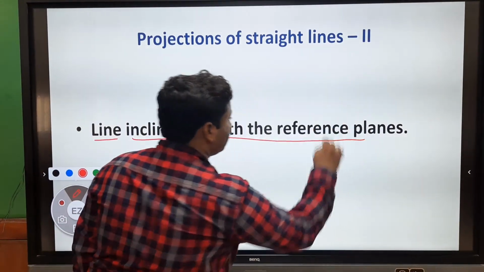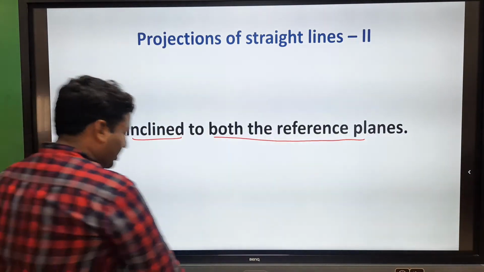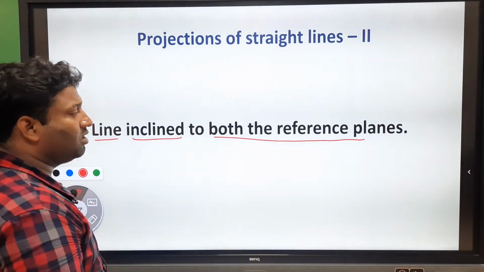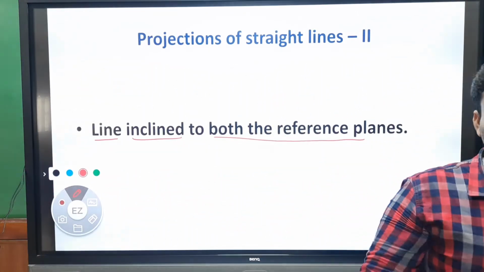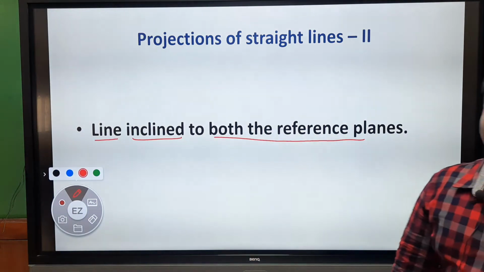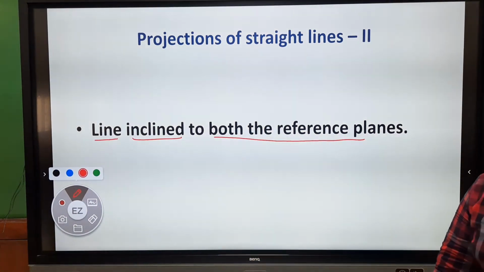Both the reference planes are HP and VP, that is horizontal plane and vertical plane. HP is also known as horizontal plane and VP is also known as vertical plane.